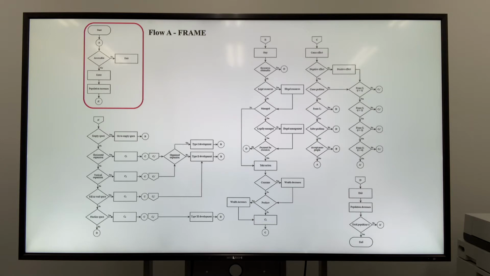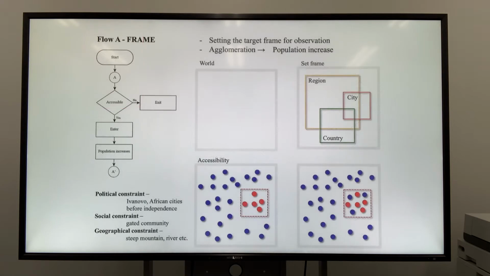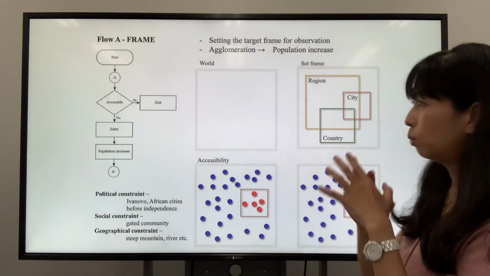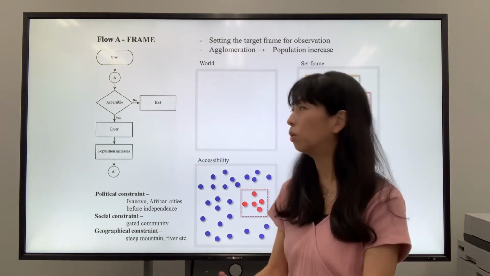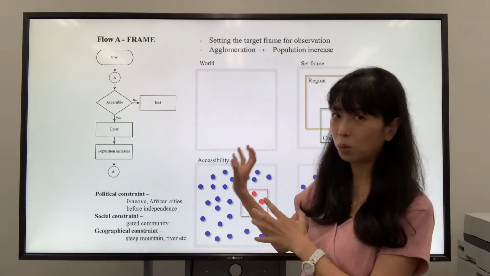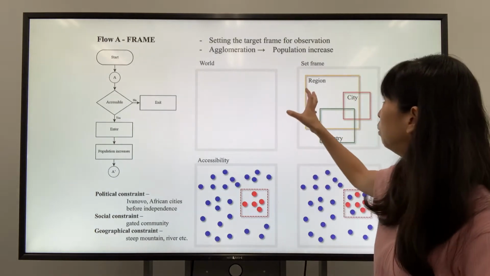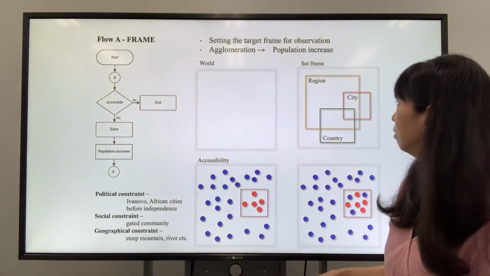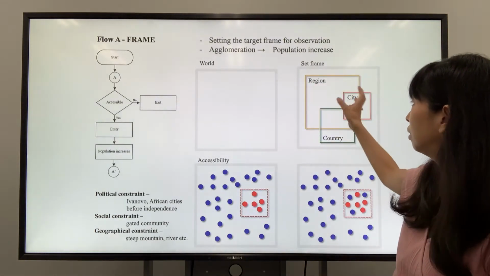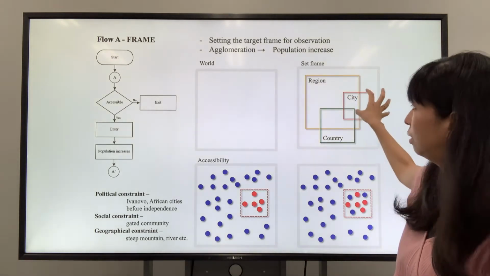First one, the frame. The frame is simply to set the target area for observation. If you want to observe the whole world, then your frame is the world itself. However, you might like to see a certain location, so perhaps it can be a region, a country, or a city.